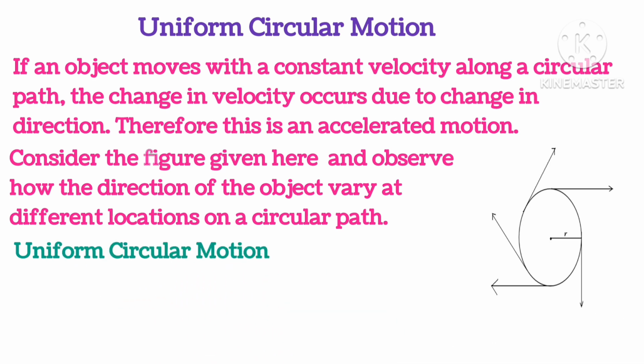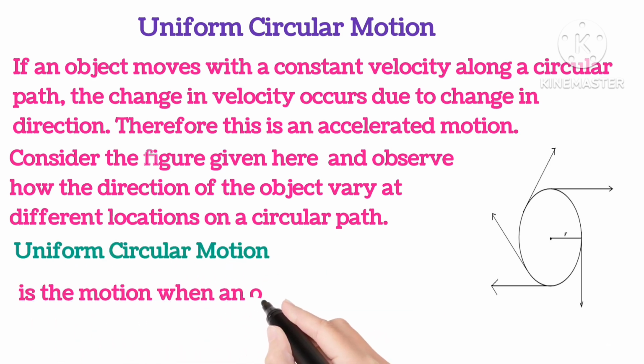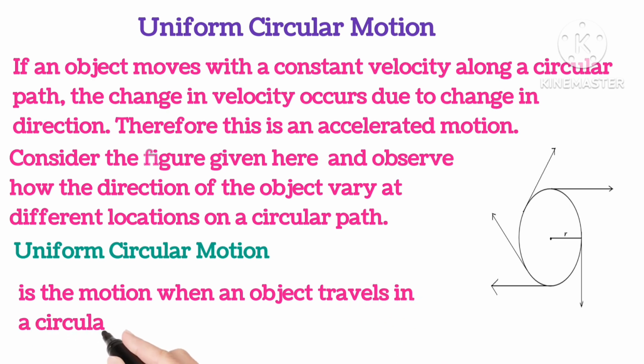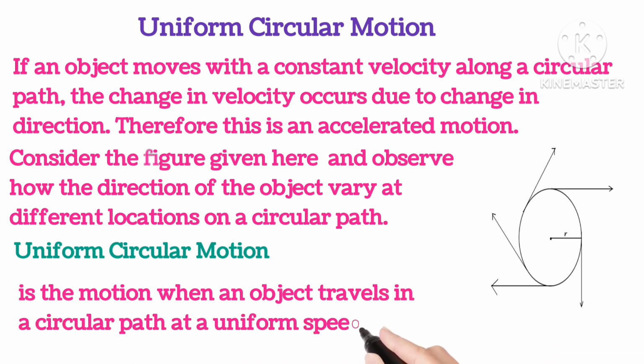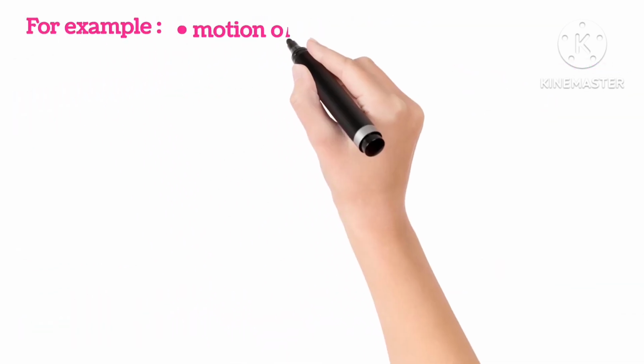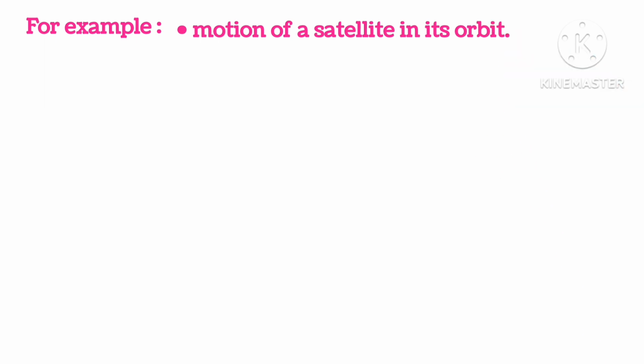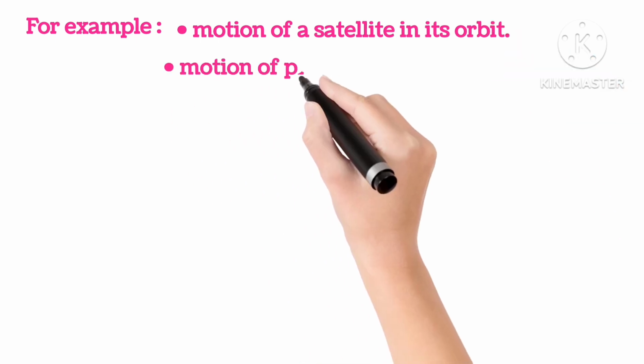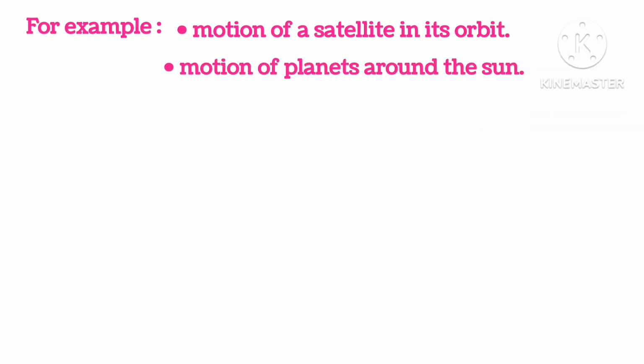Uniform circular motion is the motion when an object travels in a circular path at a uniform speed. For example, motion of a satellite in its orbit and motion of planets around the sun.